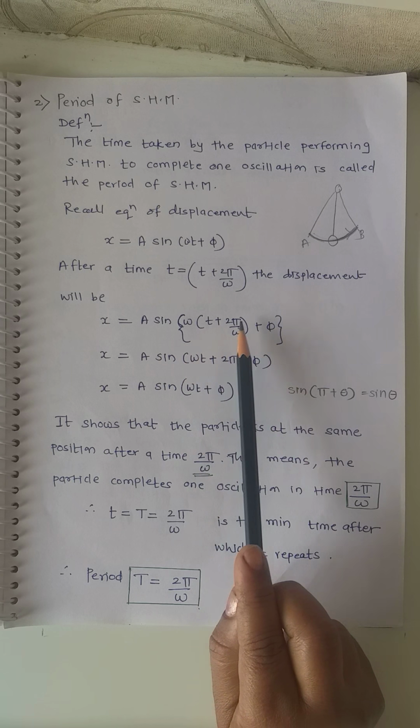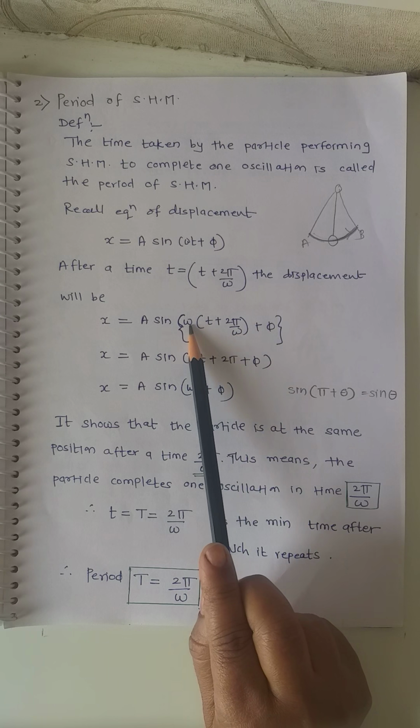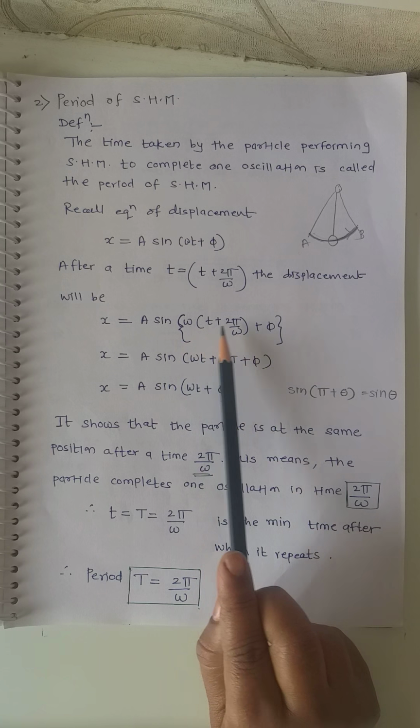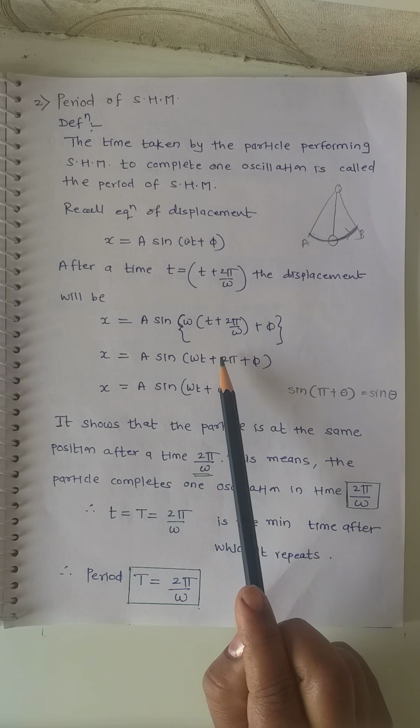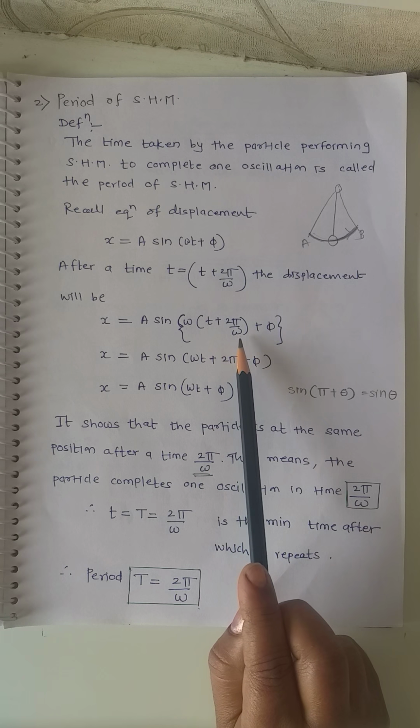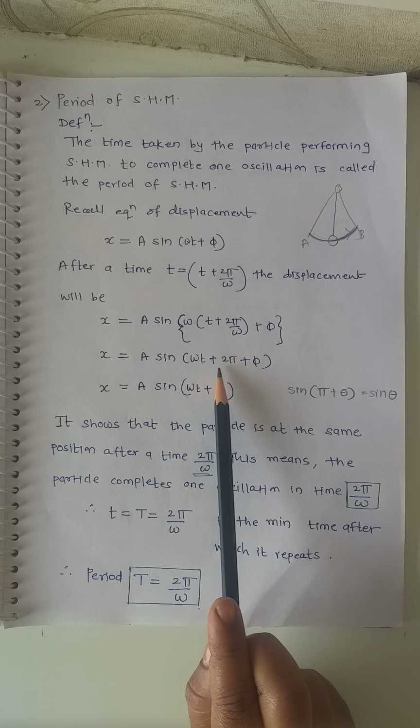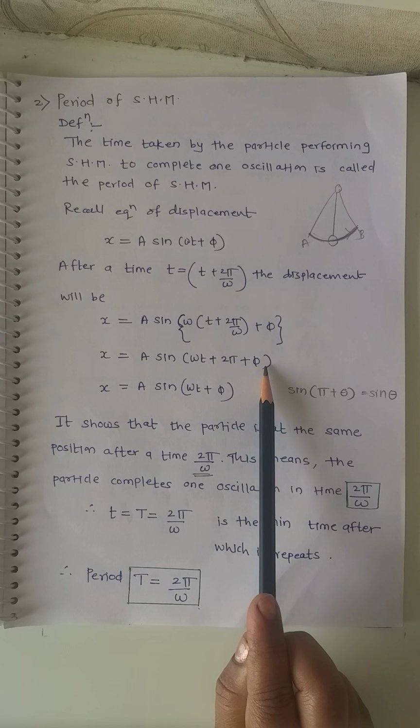Multiplying omega into the bracket, omega t plus 2 pi omega upon omega, so omega gets cancelled. We get omega t plus 2 pi plus phi.